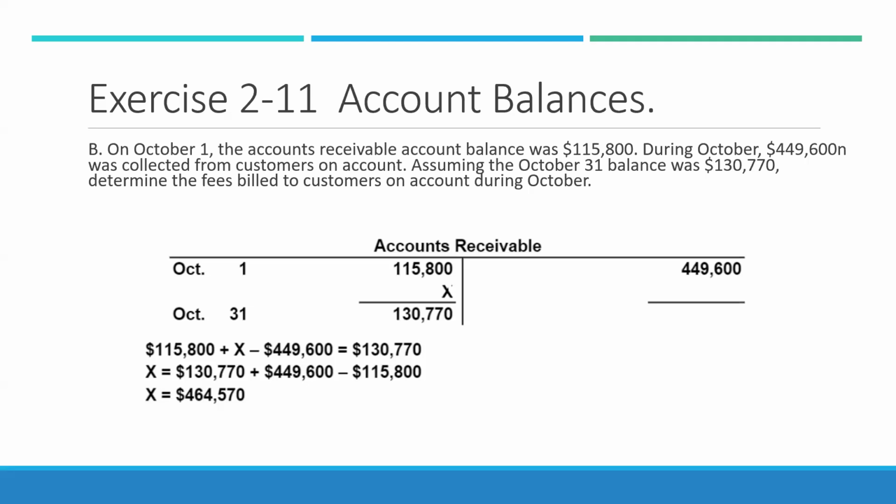And then you have a negative 464,000, and that's the same as the 464,570. So that's what it would have to be in order to get your ending balance of 130,000 is to have this 464 in the middle there. Because to get to your ending balance, you take 115 plus the 464 minus the 449, and you get the 130.